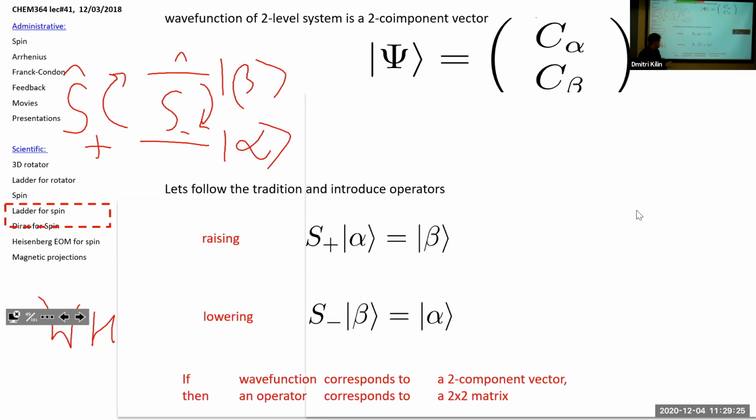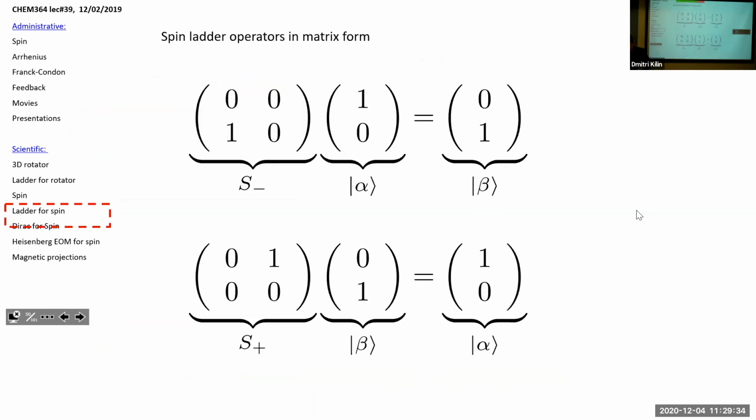So these states and operators can be expressed as matrices if one needs to. S plus will have only one 1 among these four numbers. If our alpha is 1 at the top and beta is 1 at the bottom, then by multiplying row by column of such matrices, one flips and makes 1 here and 0 there.